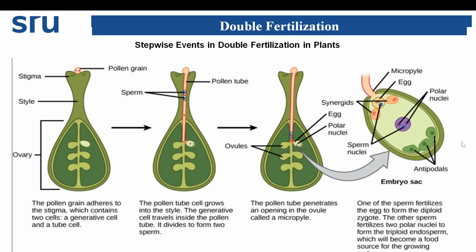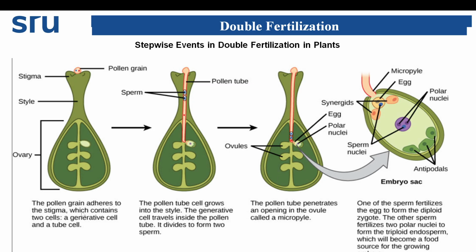Here you can see the enlarged version: this is the egg cell, these two are the synergids, these are the sperm nuclei, these two are the polar nuclei, and at the bottom are three antipodal cells. This end is the micropyle, and this is the pollen tube. Like this, you can see the growth of the pollen tube, right?